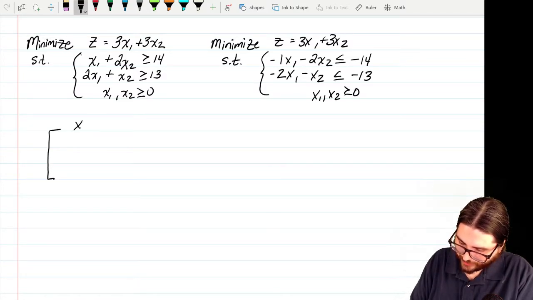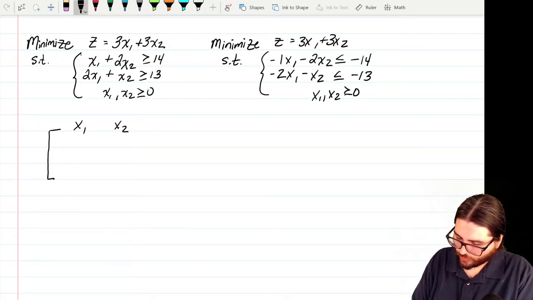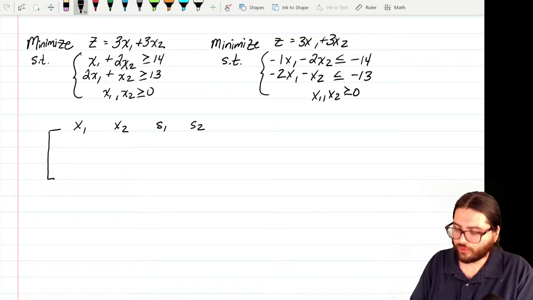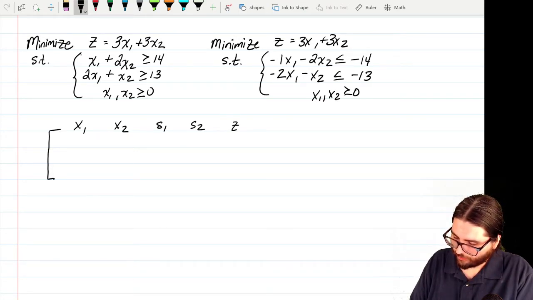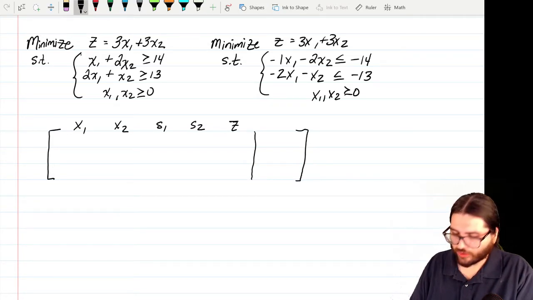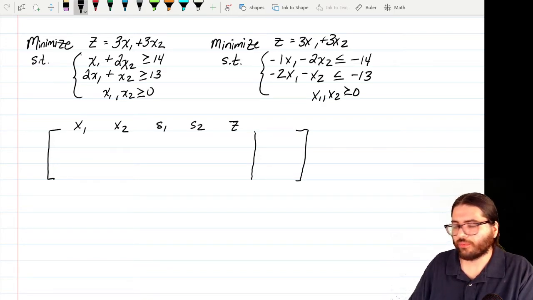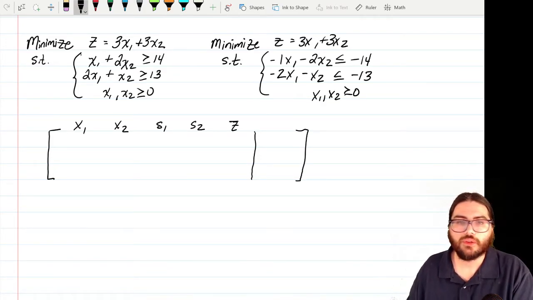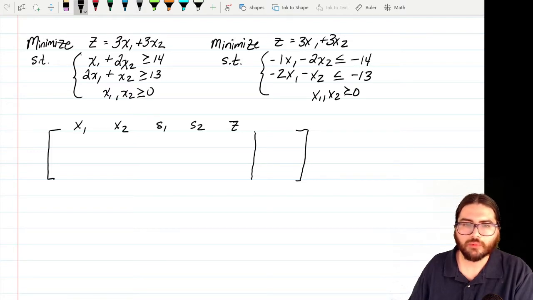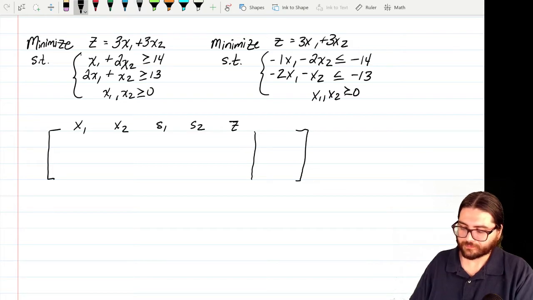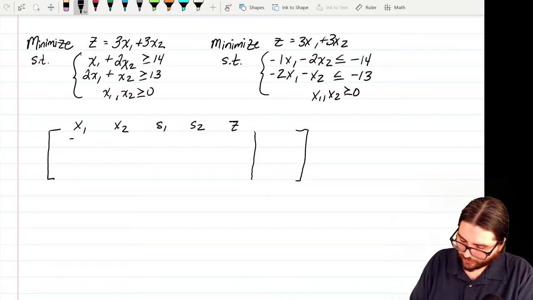So I'm going to need x1, x2. I have 2 inequalities, so I'll need 2 slack variables. My objective function z, and then the numbers on the right-hand side. Sometimes those are labeled RHS, sometimes those are labeled TOT, sometimes they're labeled totals, sometimes they're labeled solutions. I usually don't label them at all. Let me pull in all of the numbers from my system.